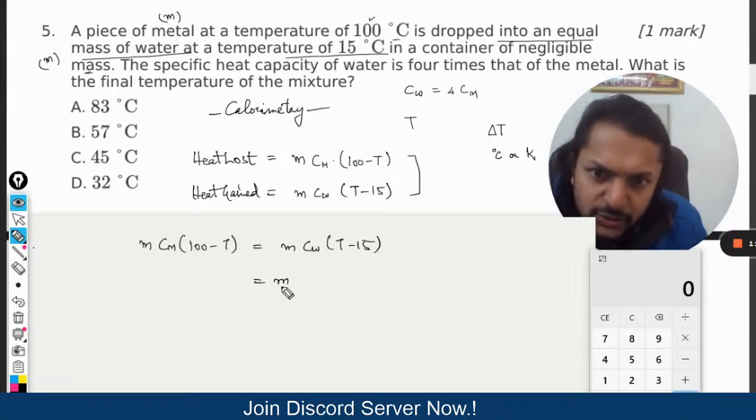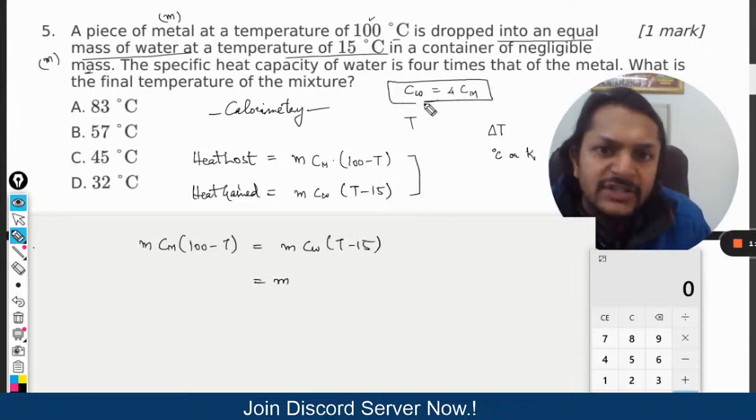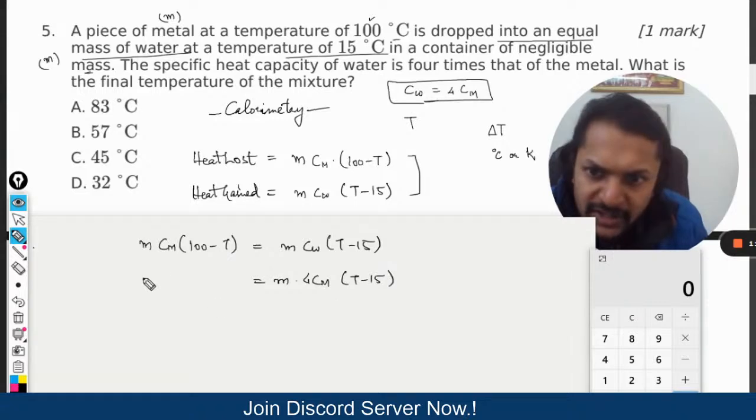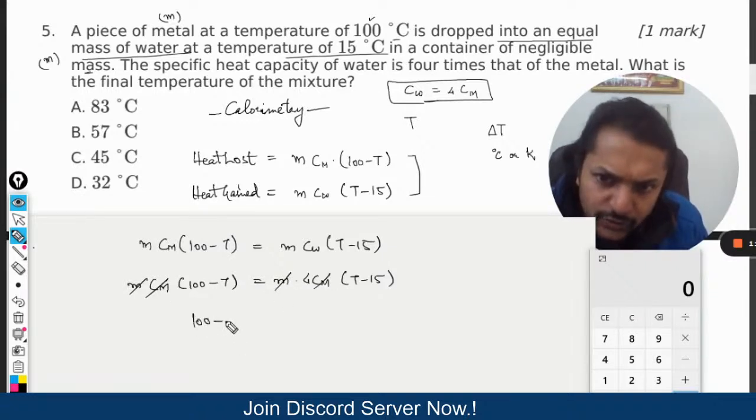Now Cw is given as 4 times the specific heat of metal. So I'm just writing Cm (100 minus T) = 4 Cm (T minus 15). So MCm and MCm get cancelled out, and we are left with this.